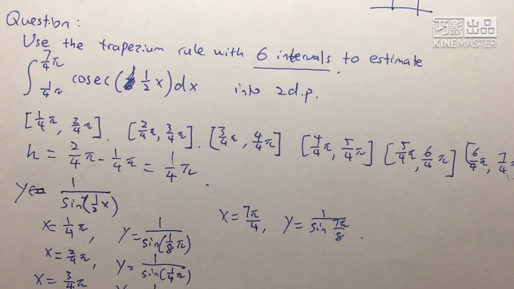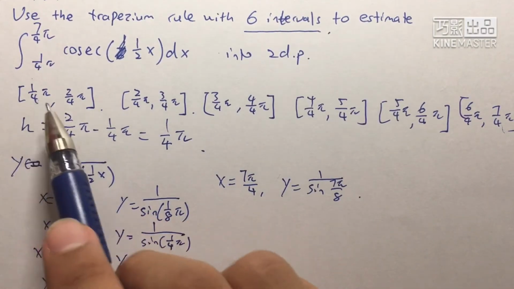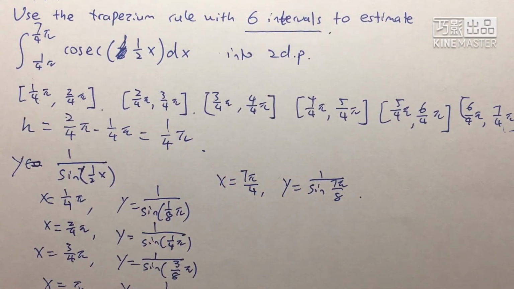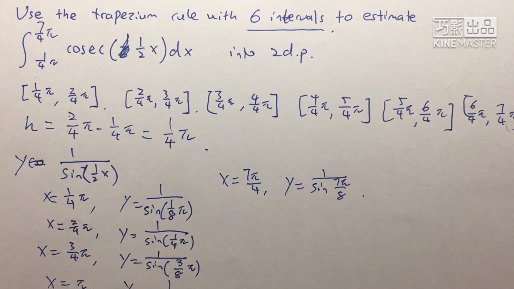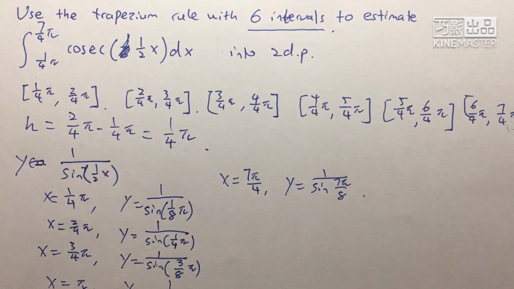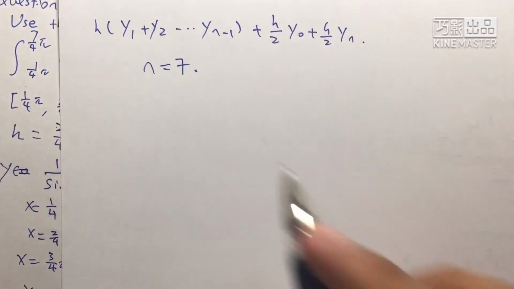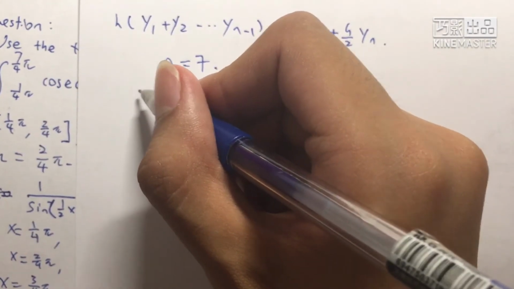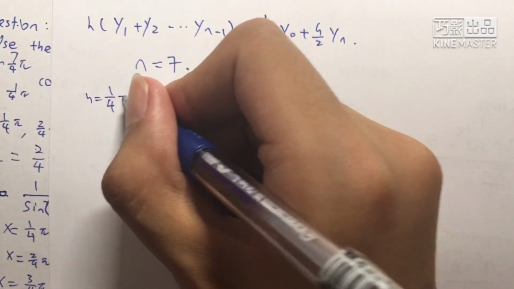Here you need to be sure that the number of these lines is not the same as the number of intervals, because the number of intervals will always be one less than the number of lines. So here n is equal to 7. And what is h? We know that it is equal to 1 over 4 pi.